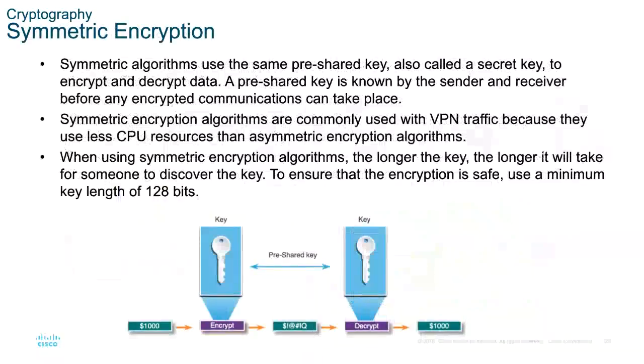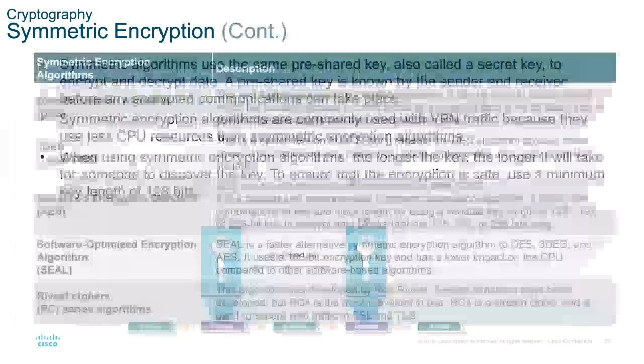So symmetric encryption, here we go. Nice little graphic down the bottom there, allows us to encrypt the message so it doesn't look like anything, and then when it's received at the other end, they use the same key to decrypt it and get back to the original message.